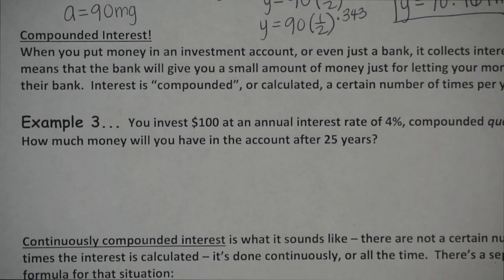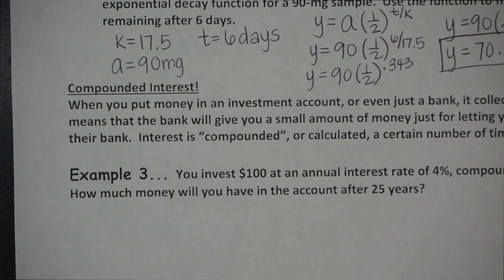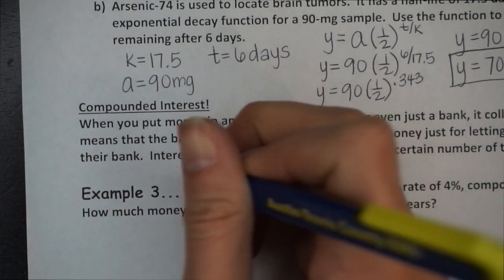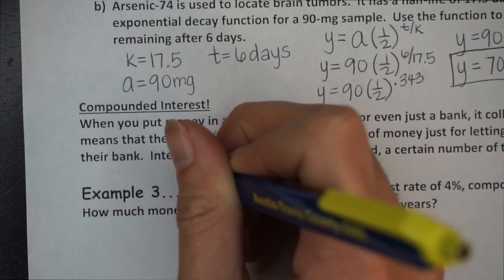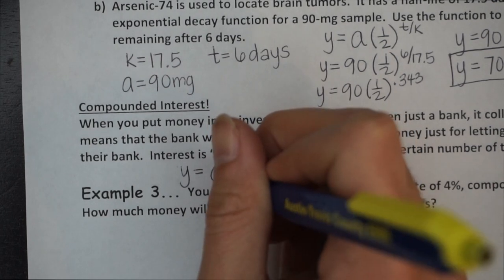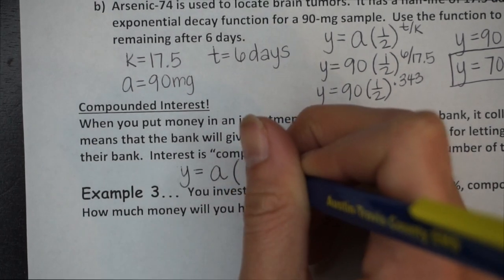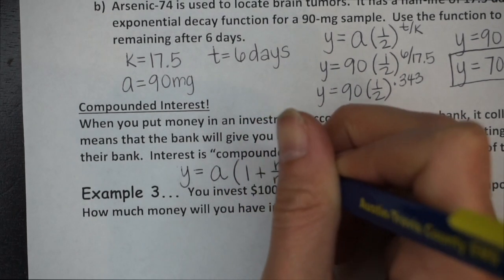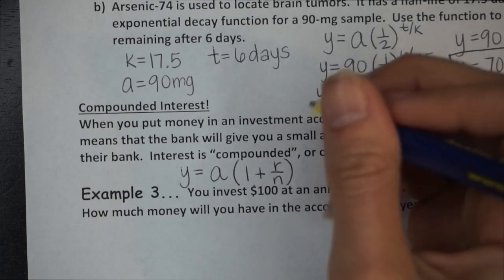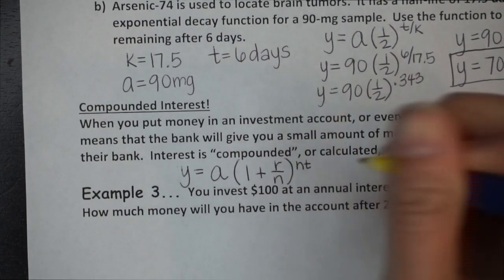So this is a little bit more complicated of an equation. The equation for compounded interest is y equals A, which is still your initial amount, times (1 plus r divided by n), all in parentheses, raised to an exponent that is n times t.